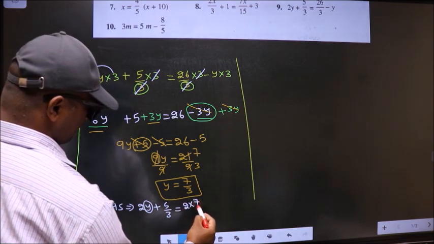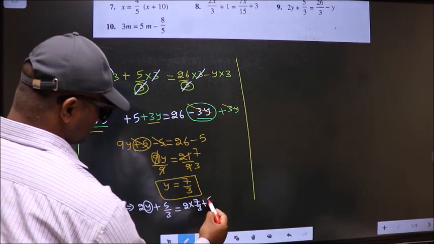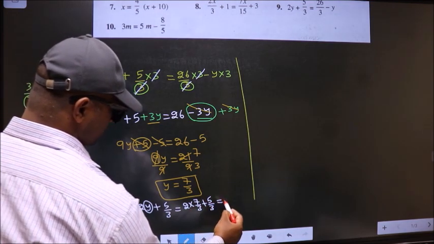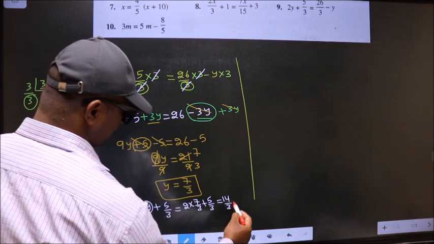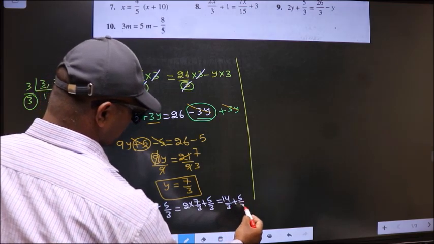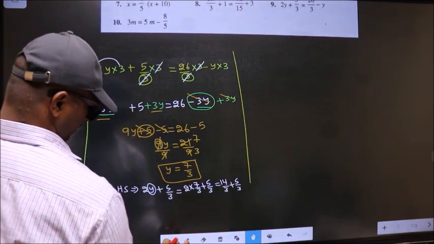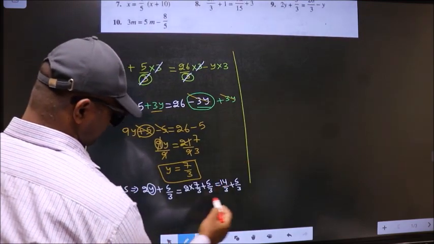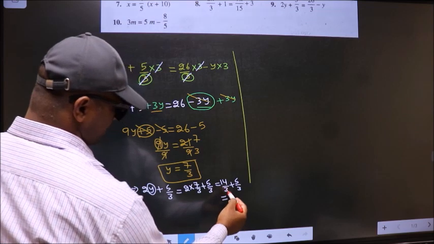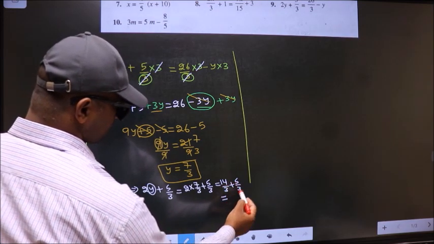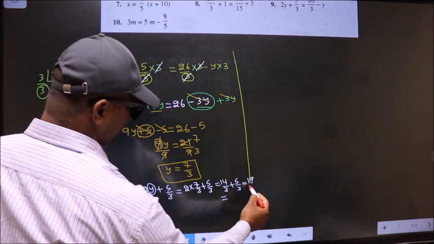So 2 into 7 by 3 plus 5 by 3, that is equal to 2 into 7 is 14 by 3 plus 5 by 3. Now, denominators are same, so add the numerators. 14 plus 5, 19 by 3.